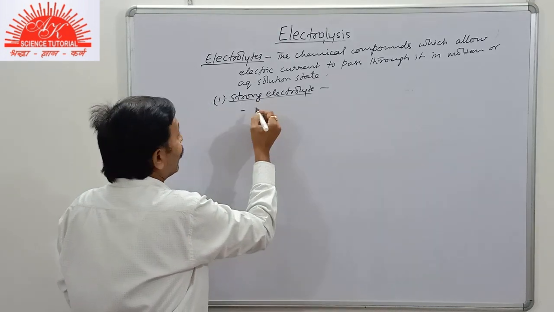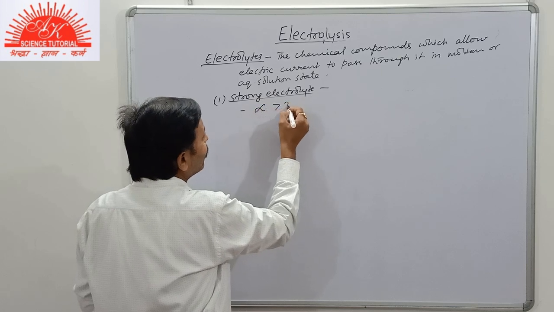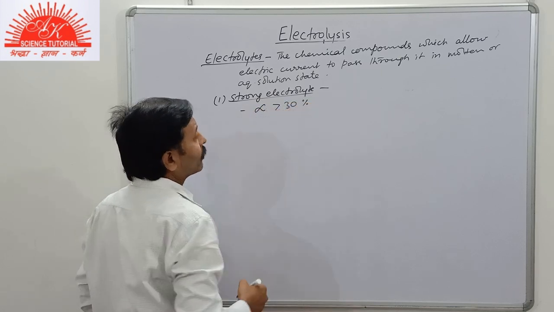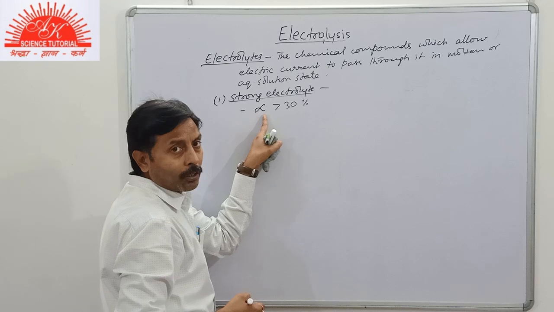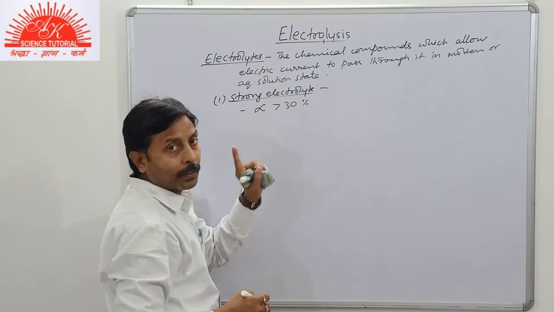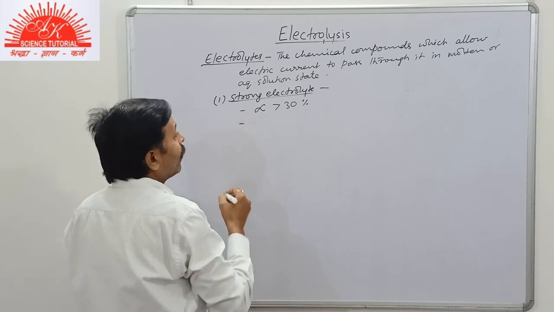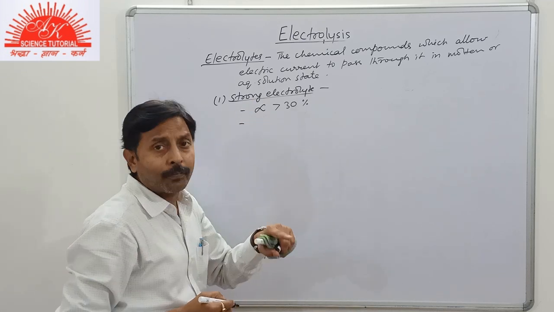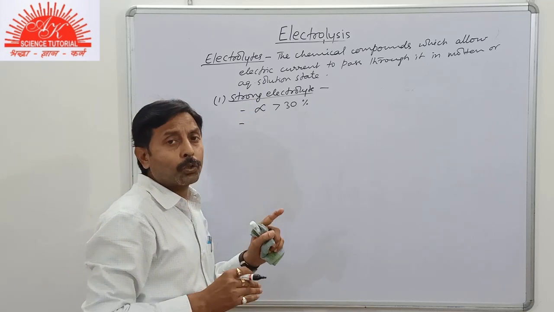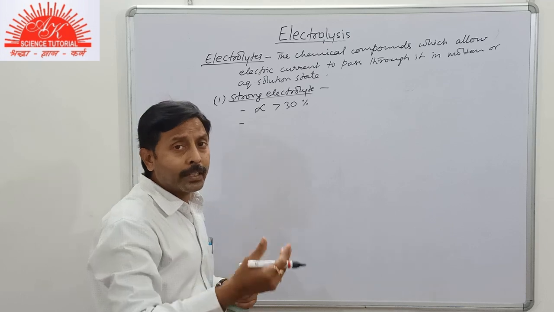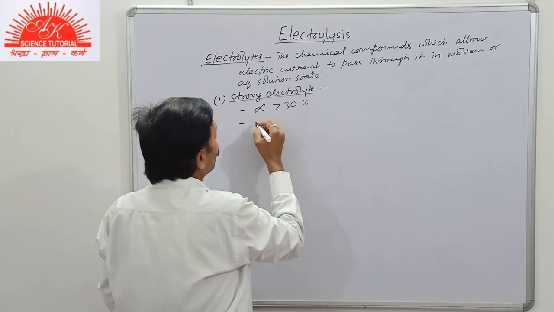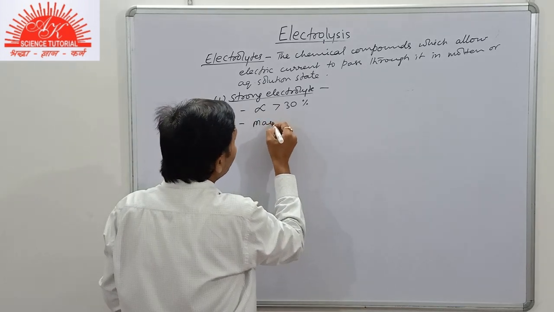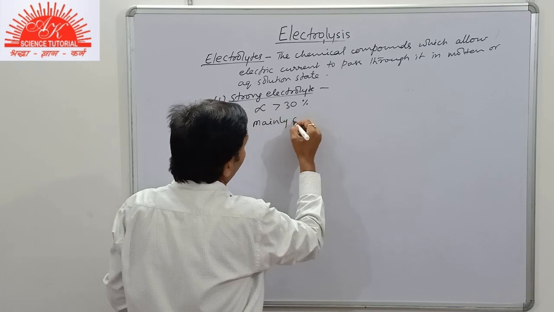Dissociation is used for ionic compounds and ionization for polar covalent compounds in aqueous solution. So alpha greater than 30%, that is, the degree of ionization or dissociation is more than 30%. Since there is a higher degree of ionization or dissociation, there will be a higher concentration of ions. So we write here they mainly consist of ions.